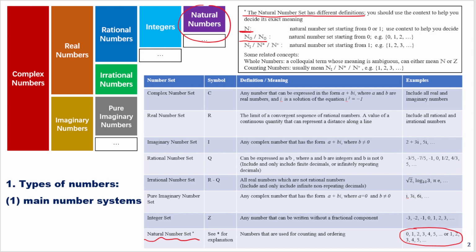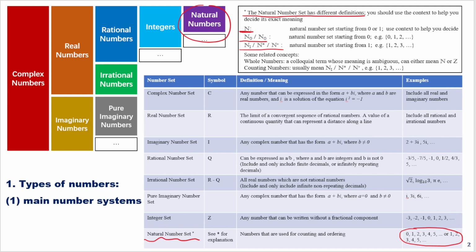And when you see N1, N star or N plus, usually this denotes the natural number set starting from 1. For example, N1 denotes the set of numbers 1, 2, 3, 4, 5, etc.